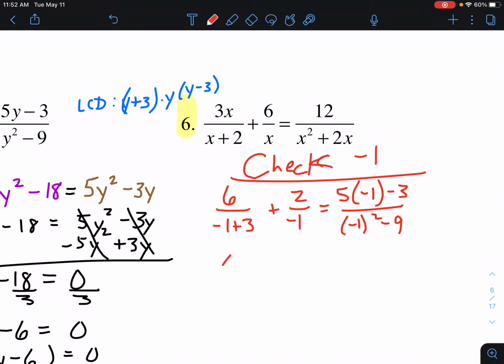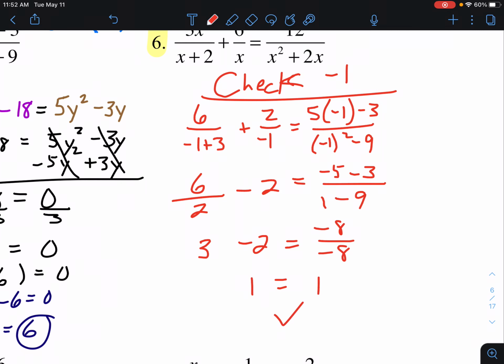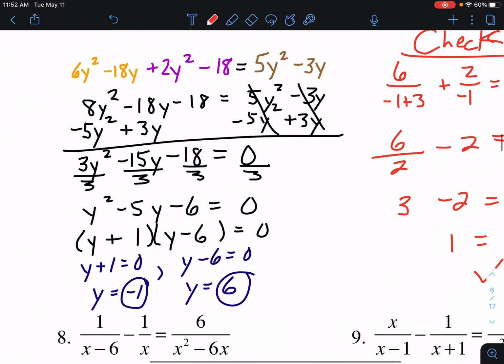So the first one will be 6 divided by 2 is 3. Second one is -2. And that'll subtract to get 1 on the left. On the right side, it'll be -8 divided by -8 is 1, so -1 works. So I can confidently say -1 is an answer.